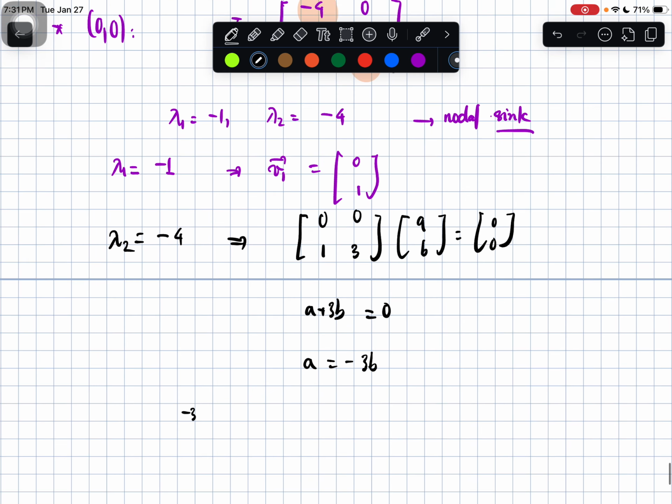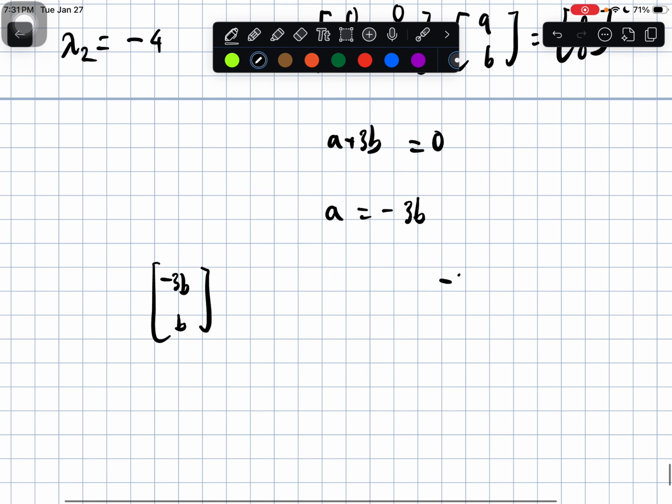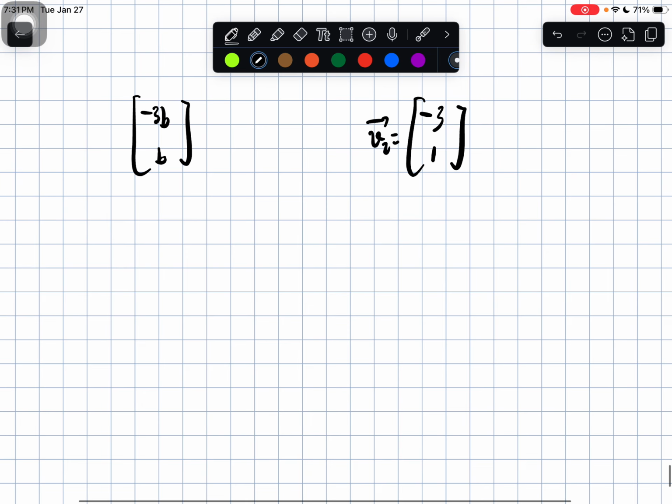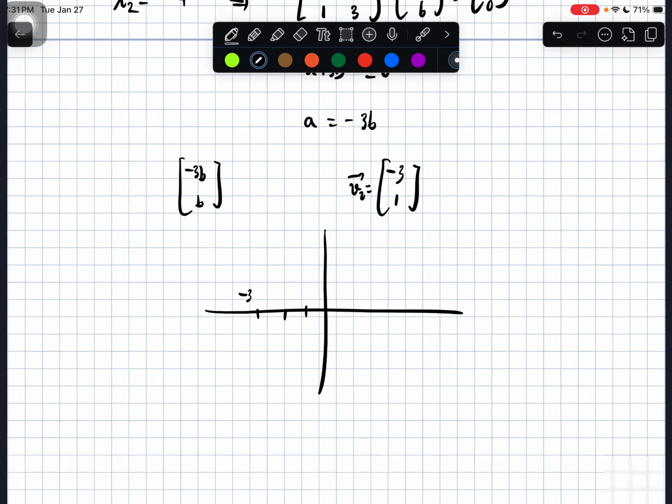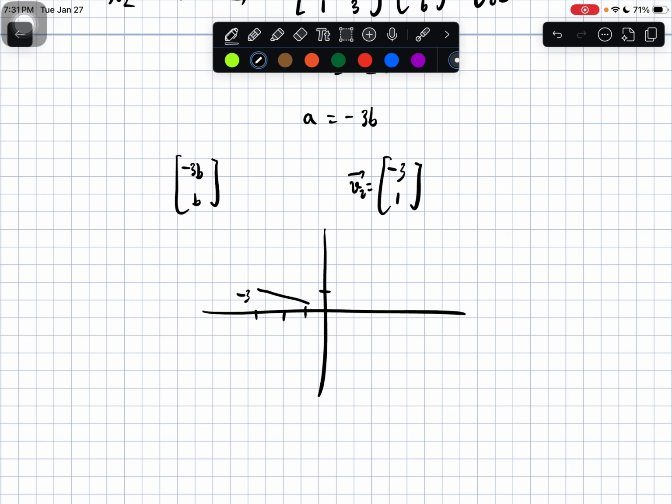So minus 3B, B. The eigenvector is (minus 3, 1), so V2 looks like this, minus 3 and 1.